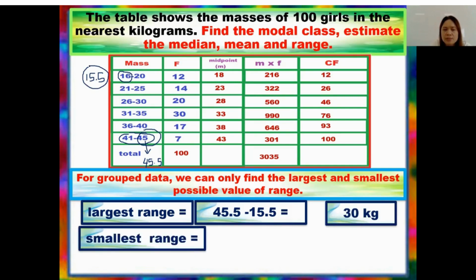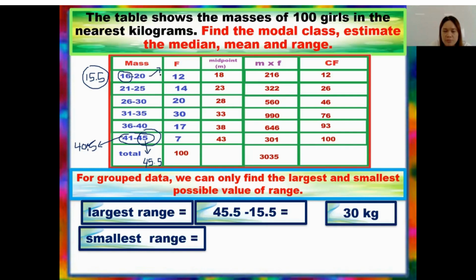Now, how do we get the smallest possible range? We have used 45.5, so we will be using this one. What is the number before it? It's 40.5. So I'm going to write 40.5. And this one here, what's the number after it?